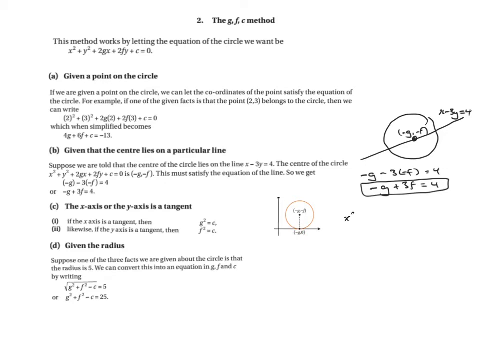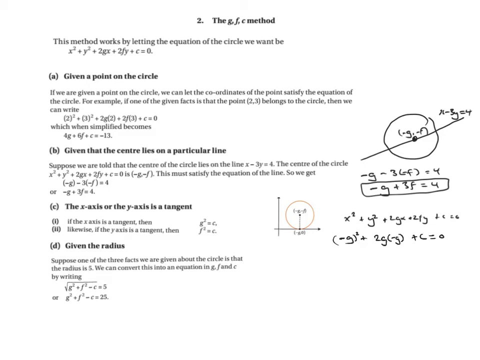That means I'm going to get my formula: x squared plus y squared plus 2gx plus 2fy plus c is equal to 0. But I know for this particular one that my y value is 0 and my x value is minus g. So I'm going to substitute that in and see what happens. I've got minus g all squared plus y squared, which is 0, plus 2 by g by minus g, plus 2fy, which is 0, plus c is equal to 0.